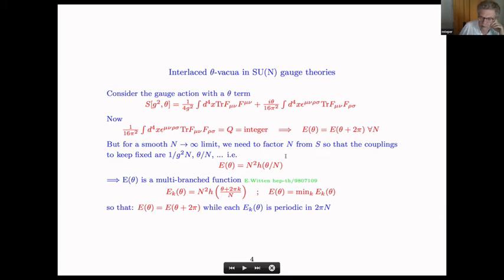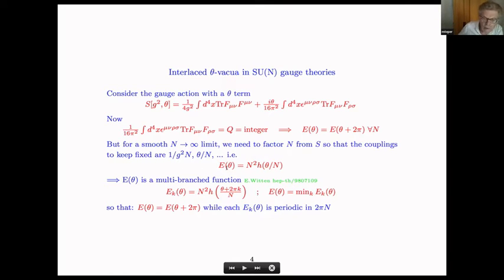However, on the other hand, as was pointed out by Massimo yesterday, the energy of any state should be a function of theta over n, just as it is a function not of just g squared, but of g squared n.